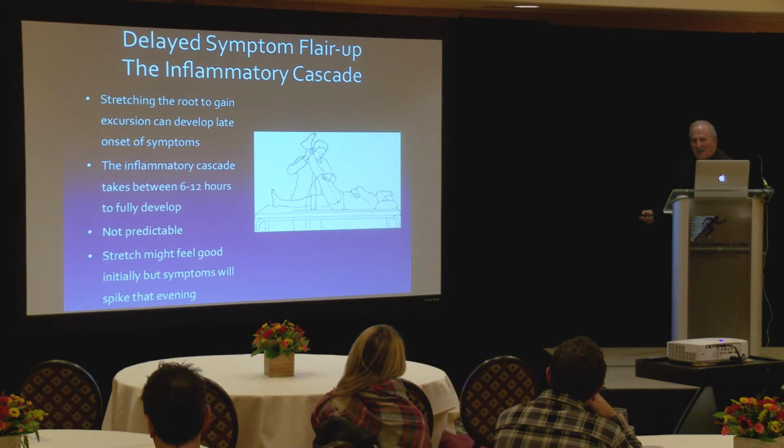The inflammatory cascade takes 6 to 12 hours, so they won't know that they're upset with you for 6 to 12 hours. And so it's not predictable, and this is the art as well as the science of getting people better. How much do you stretch them? How much can you push? And this is a feel that you have to develop as a therapist or as a physician or as a manipulator.